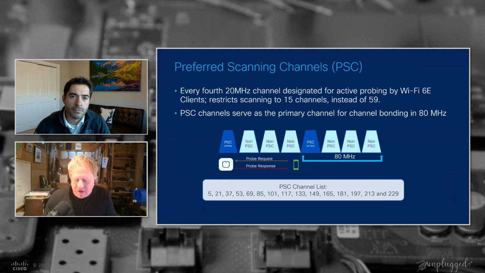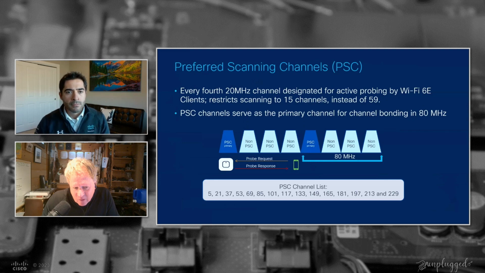If you're in the FCC domain or in an environment where you do have 6 gigahertz, maybe that's the United States, maybe it's Saudi Arabia, there are different places around the world that do have 6 gigahertz. In those regulatory domains, you're going to see Cisco set the default channel width to 80 megahertz. In that case, you will see one out of every 4 channels set up to be what's called the primary channel.